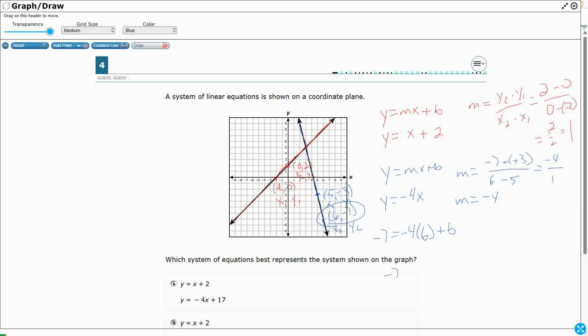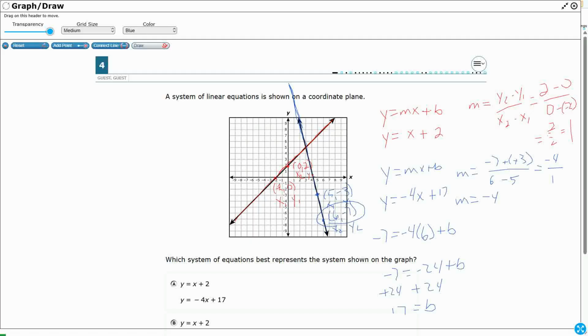Negative 7 equals negative 24 plus b. Add 24 to both sides using the properties of equality, and that's going to end up being 17. That makes sense visually because we knew it's going to go way up here.